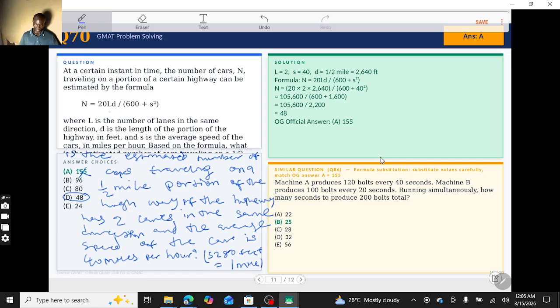So we are going to input all this here. 600 plus S squared. 40 squared is 1600. Then we have 20 times 2. So this is the 20. L is 2. And 2, 6, 40, because we needed to convert half a mile, which is 2640. So work this out to be 48. Ignore this. The answer is 48. D is correct.